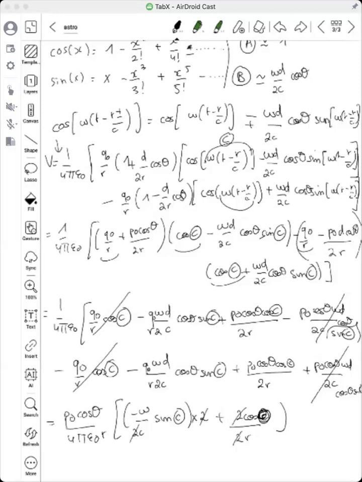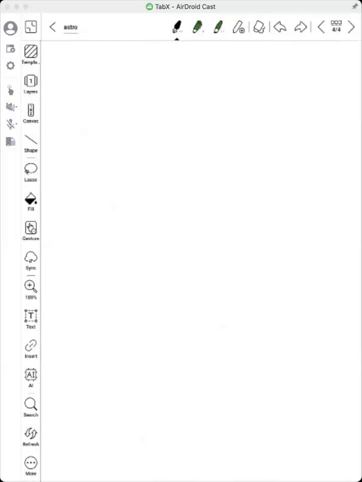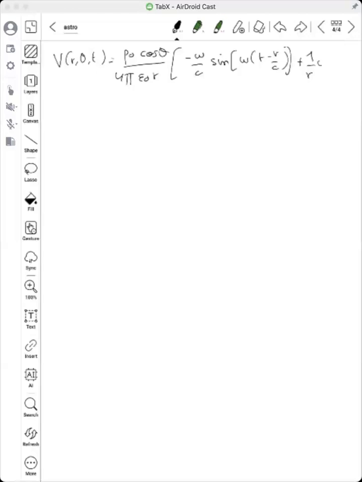If I summarize everything, I'm going to get the following expression: V r theta t is equal to P0 cosinus theta over 4 pi epsilon 0 times r minus omega over c sinus omega t minus r over c plus 1 over r cosinus omega t minus r over c.